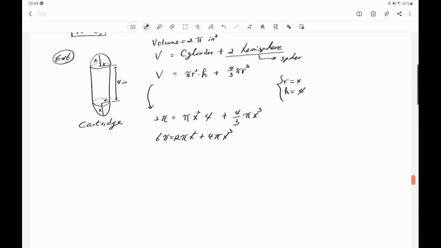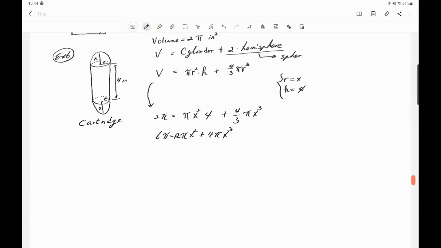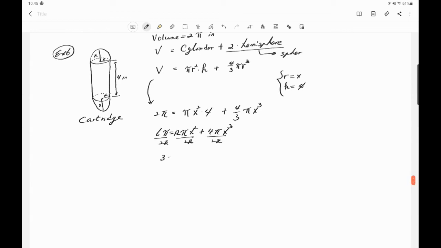And then divide each side by 2 pi. Then we have 3 equals 6x squared plus 2x cubed. So rewrite it: 2x cubed plus 6x squared minus 3 is equal to 0.